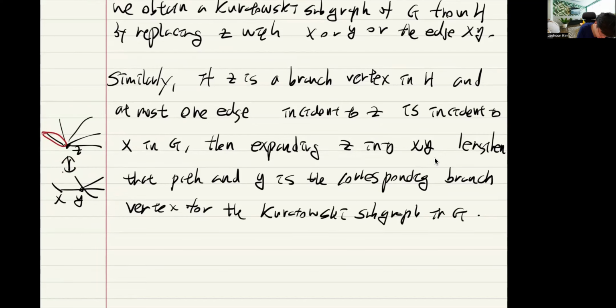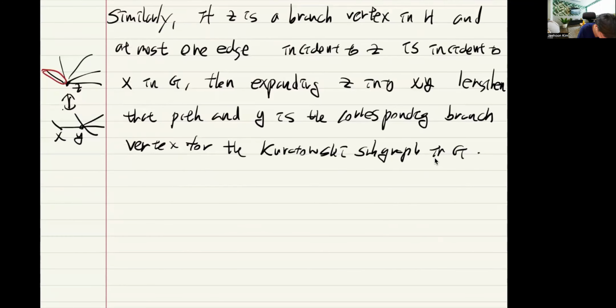So if these edges are distributed between x and y, and if only one of them is incident with x, then it's the same as taking a subdivision one time. This edge is subdivided. Then it was the Kuratowski subgraph in G.